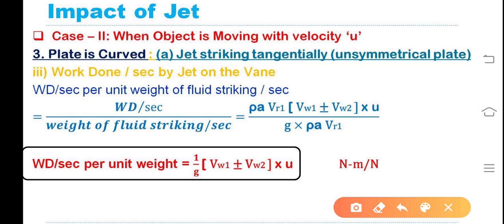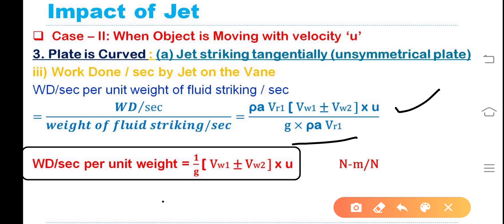Next, work done per second by the jet on the vane. Work done per second per unit weight of fluid striking per second is equal to rho A VR1 whole multiplied by VW1 plus or minus VW2 multiplied by U, whole divided by g rho A VR1.